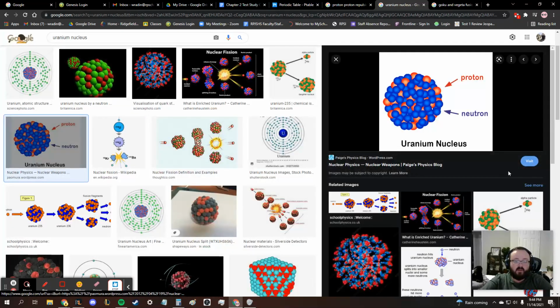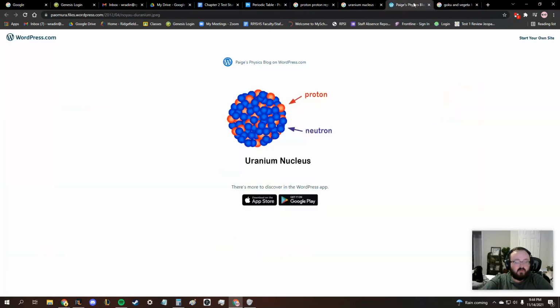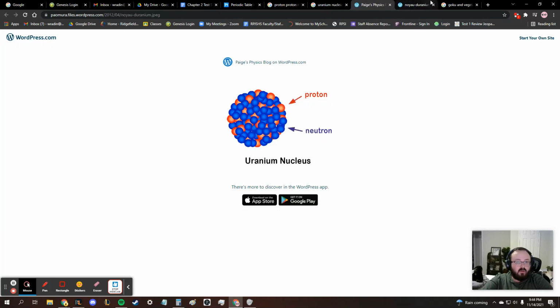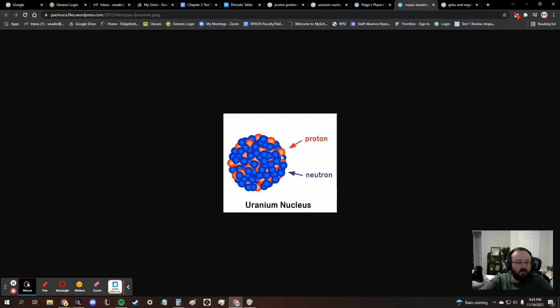If the orange proton here, this proton that I am highlighting, at this distance still has a repulsion force with this proton right here.